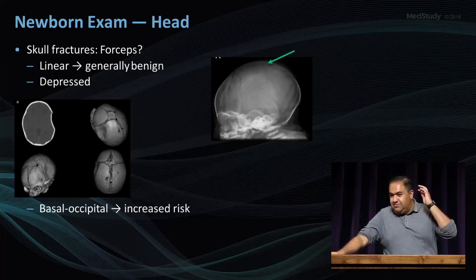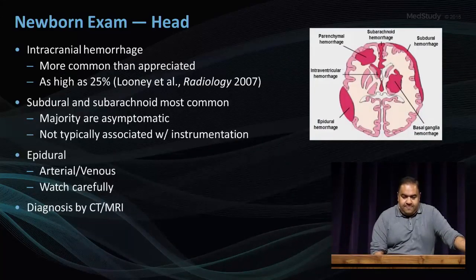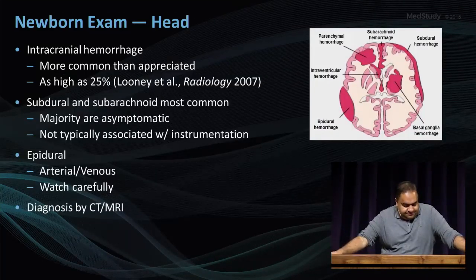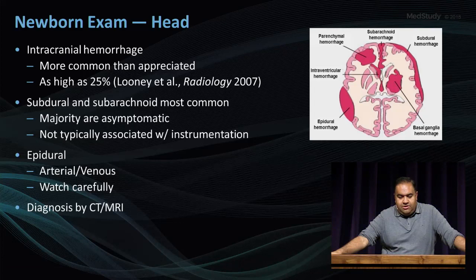If it's a basal occipital fracture, there's increased risk of other injuries. Intracranial hemorrhages are more common than appreciated, seen in as high as 25%. We always worry about intracranial hemorrhage in infants that have low platelet counts, especially if they have higher risk of neonatal alloimmune thrombocytopenia. The subdural and subarachnoid are most common, and the majority are asymptomatic.